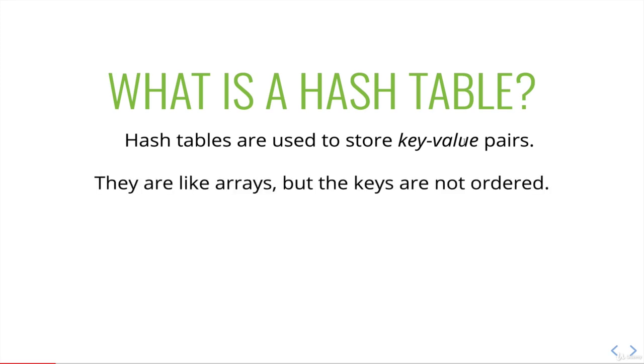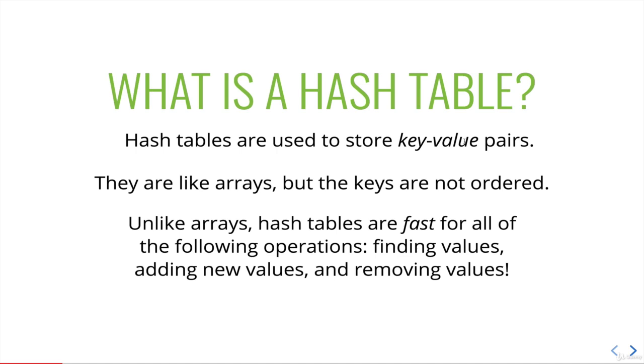So in an array, of course, the indices start from 0 and they go up to some number, they keep going. There's a specific implicit order. Hash tables, that's not the case. And another cool thing about hash tables is that they are fast for finding values, for adding new values, for removing values. It's all fast. So we'll talk about why that is and how it works.